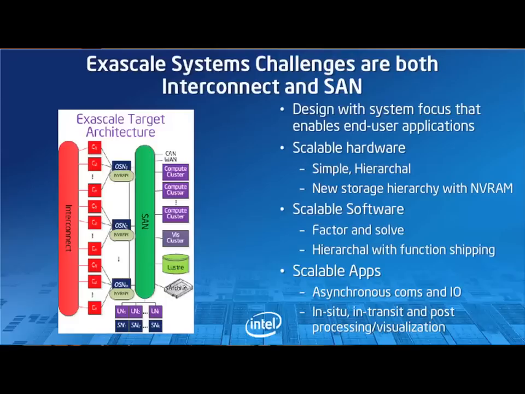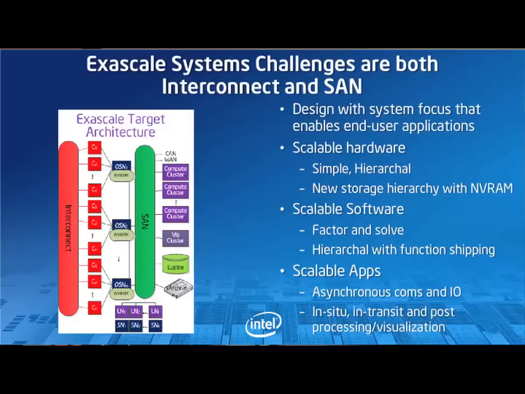And then we solve that problem by creating a virtual operating system on the compute nodes and function shipping to the operating system nodes to create the binary compatibility of Linux on the compute nodes. But the actual implementation of that is dramatically different than what we see today.